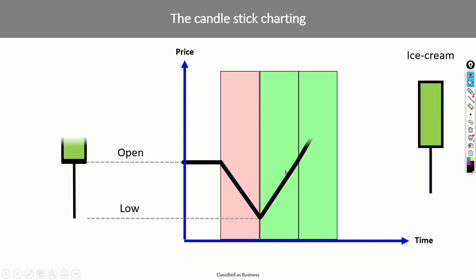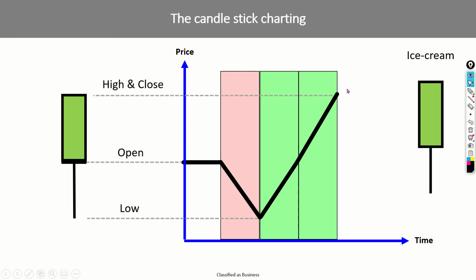The bulls manage to take control and bring the price all the way upwards, and it closes. The high and the close will be very, very close, very near to one another, telling us there's no bear present. That means the bulls are in control for this candle.